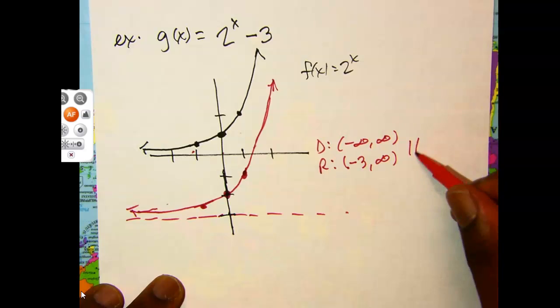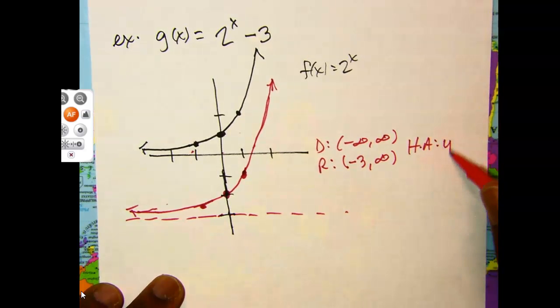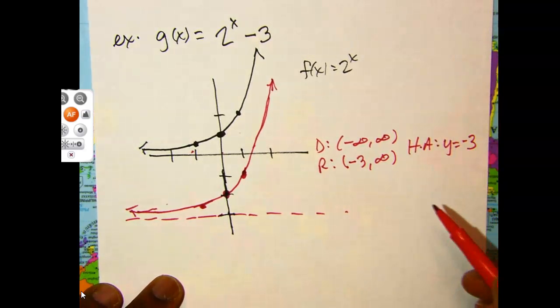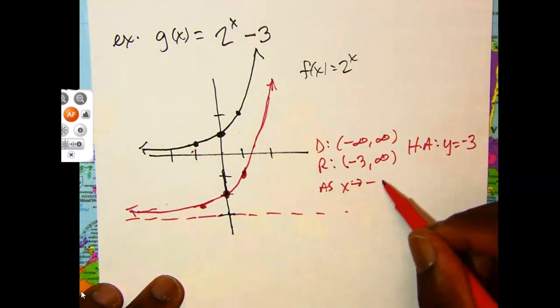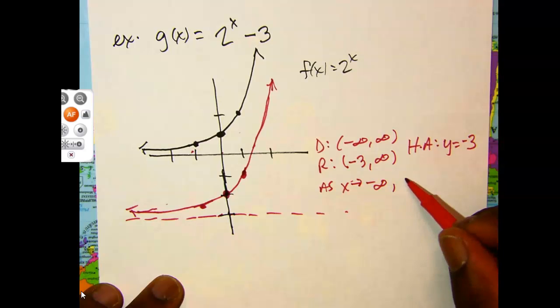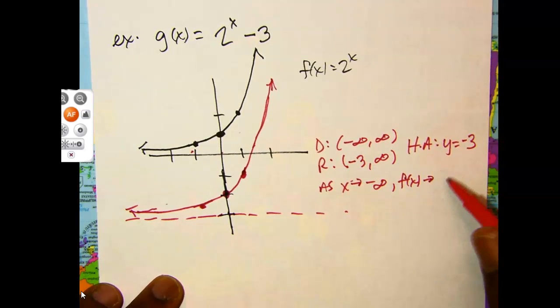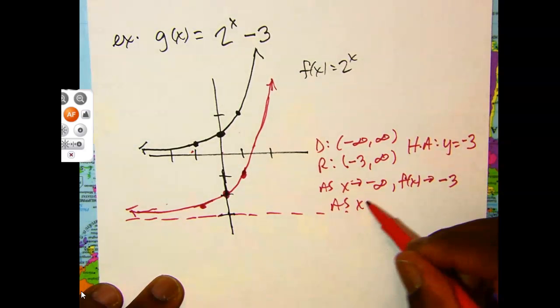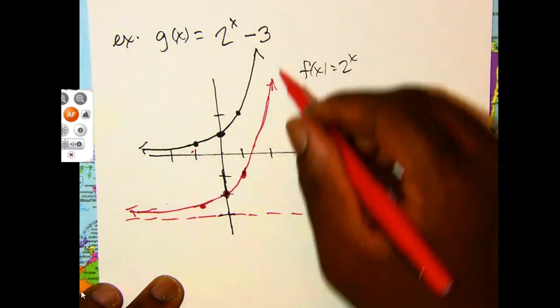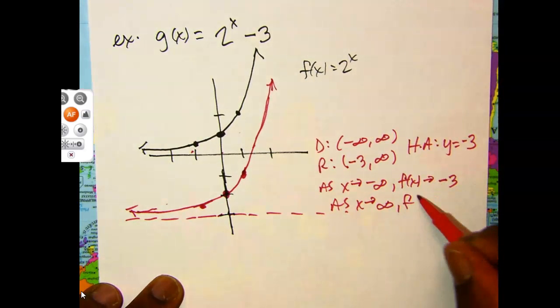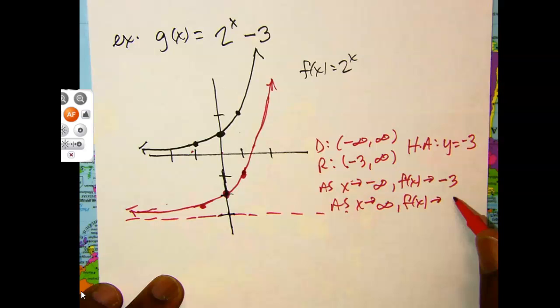Horizontal asymptote, y equals negative 3. As x goes to negative infinity, f of x goes to negative 3. And as x goes to positive infinity, your function is still rising here. f of x goes to infinity.